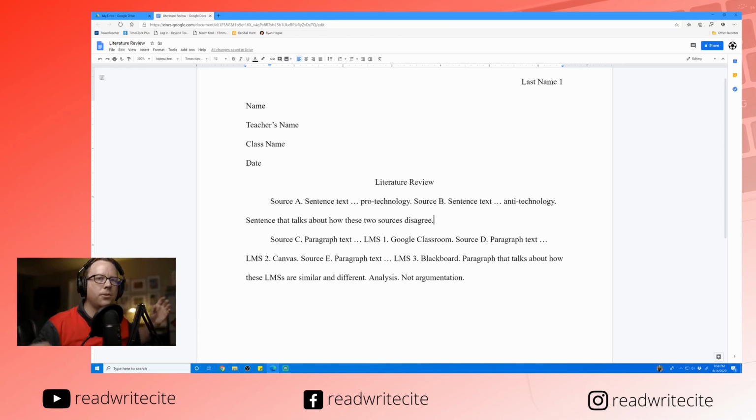Because I understand the literature review is a part of the paper, it's not the entire paper. Some of you, your teachers may ask you to write a paper where the whole thing is essentially just a literary analysis. If that's the case, you break it up the way that makes sense for you, by topic or whatever, right?